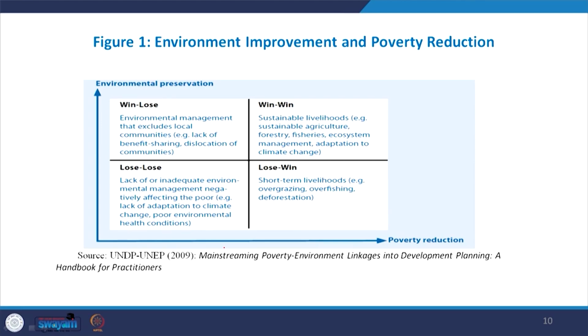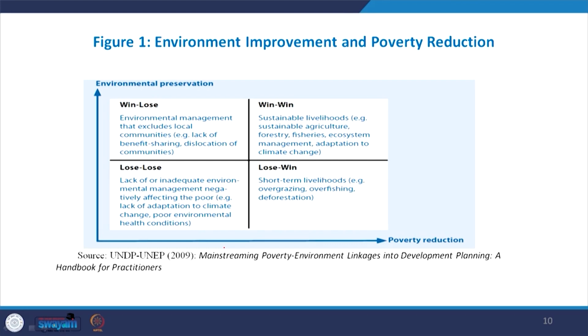In figure 1, you can see on vertical axis we are measuring the environmental preservation or environmental protection, and on horizontal axis we are measuring poverty reduction.